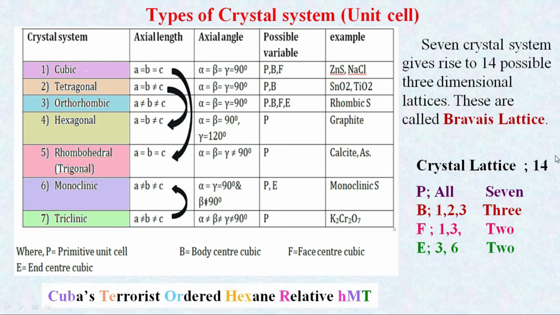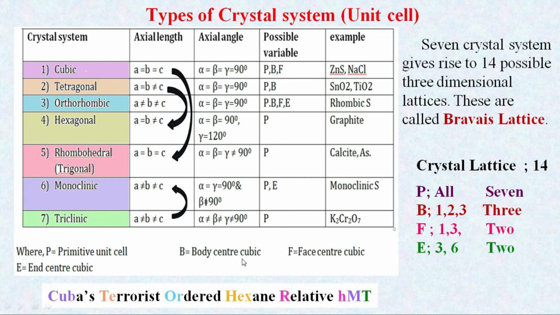So out of these 14 crystal lattices, primitive type is present in all the 7 systems. So in all the 7 systems P is written, which means out of 14, 7 are primitive type.